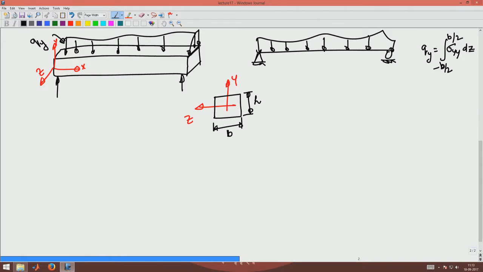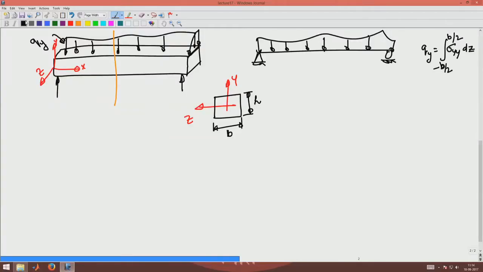Now, what I want to do is, when a structure is subjected to this arbitrary loading, I want to take a section at some point. Say I want to take a section at this point, and then expose the traction and write the global force equilibrium and moment equilibrium to find the resultant traction that is acting at that cut surface.